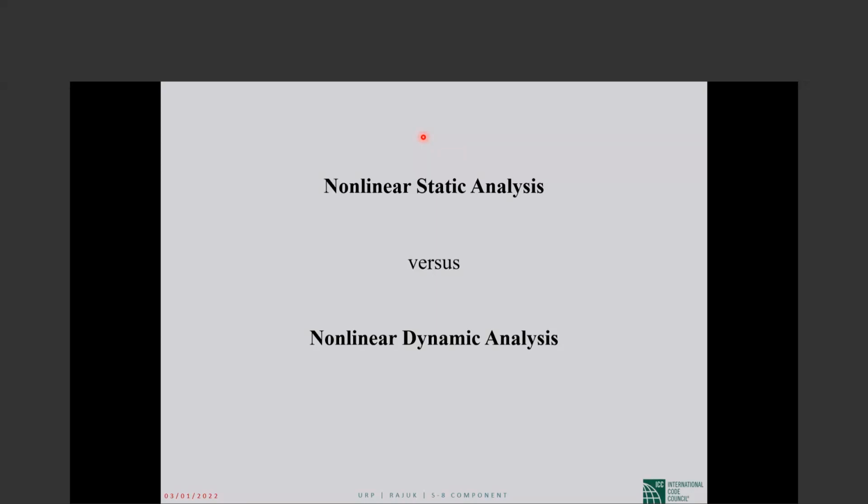And the nonlinear analysis is usually very sensitive to the records.